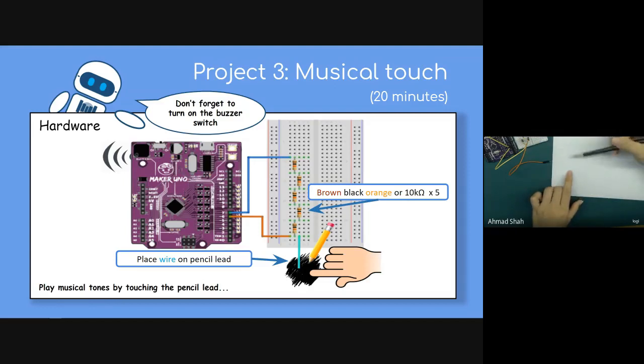Like you do coloring, you color a patch here with pencil. If you want to make it conductive for this wire, you just color something like this. Okay, so this actually works already.